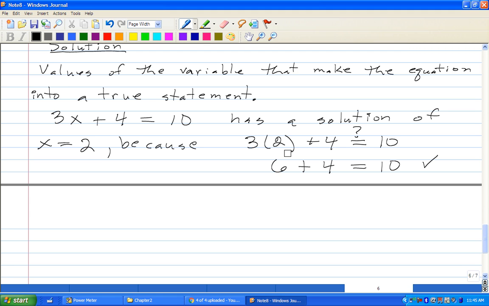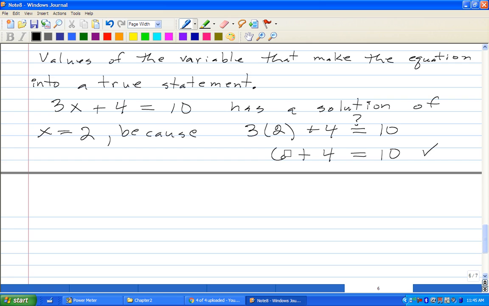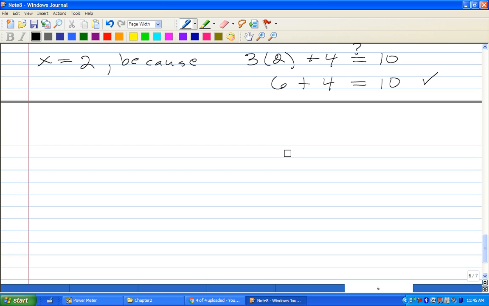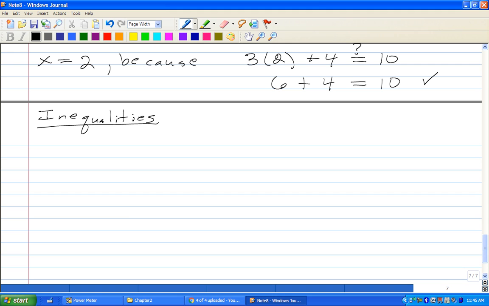So, inequalities. This symbol means less than. So 3 is less than 12.